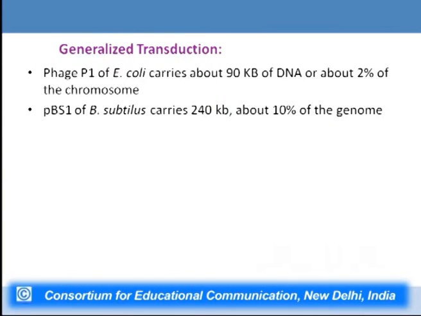So, only a small fragment, that is 90 kb of the E. coli chromosome, can be packed inside phage P1. Phage PBS1 of Bacillus subtilis carries about 240 kilobases of Bacillus subtilis DNA, which again is about 10% of the genome of this bacterium.